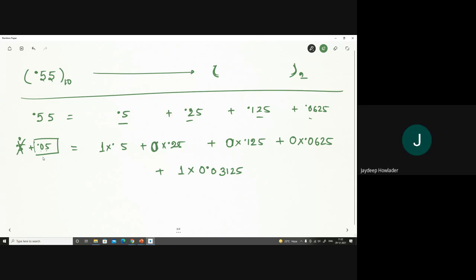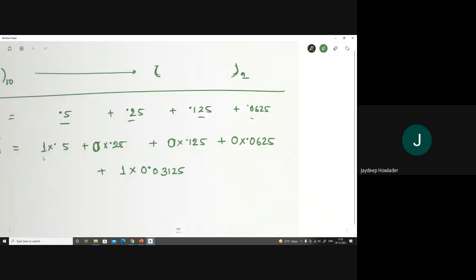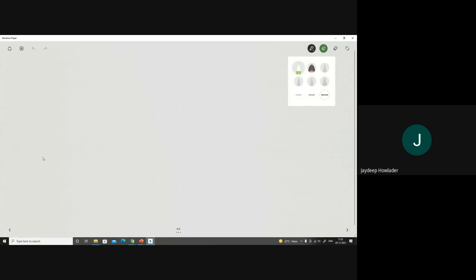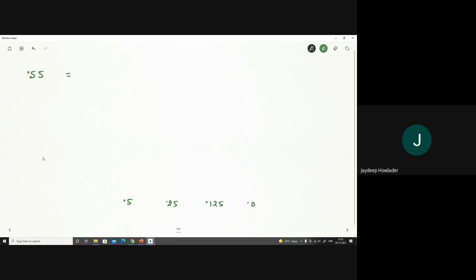Okay, I'm taking another part. So my right hand side is 0.5 and 5. Clear? So the positional values of the binaries are 0.5, then 0.25, then 0.125, then 0.0625, then 0.03125.